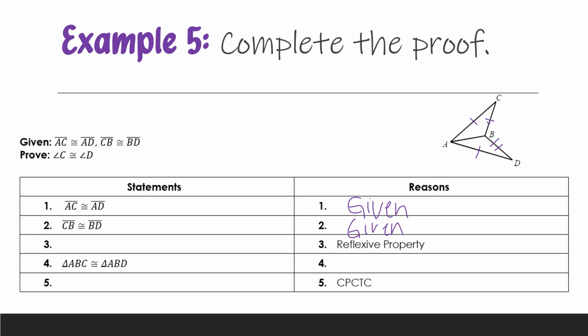And then, so we've got two congruent sides, and we're missing this third side right here, but that third side is in both triangles. So we know that AB is going to be congruent to itself because of the reflexive property. So now we have that our two triangles are going to be congruent by the side-side-side congruence postulate.